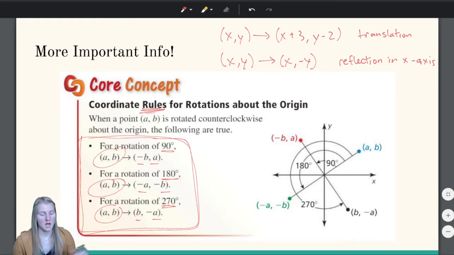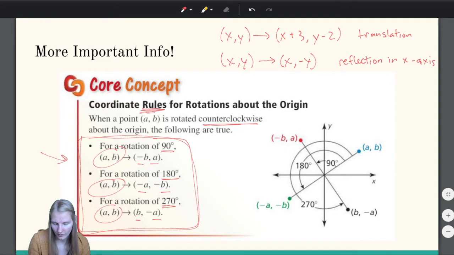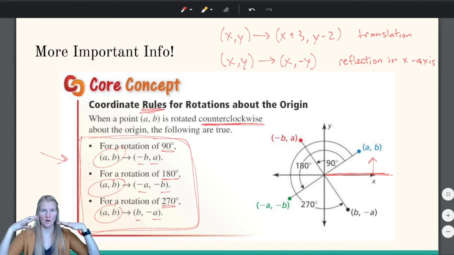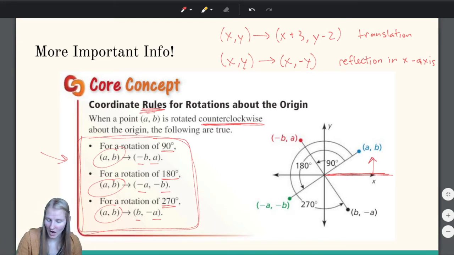Another thing that we need to say about rotations is these rules are for rotating counterclockwise. In math class, whenever we talk about angles, rotations, we're talking counterclockwise. And that's because the up, or the positive direction on the y-axis, is up.